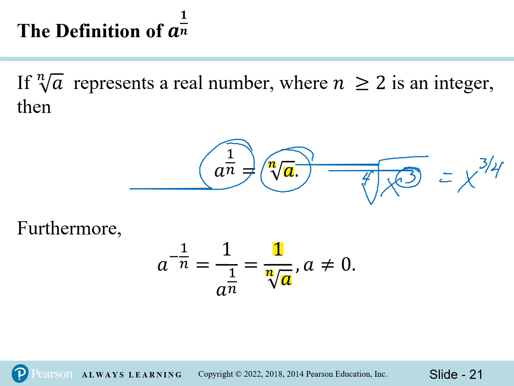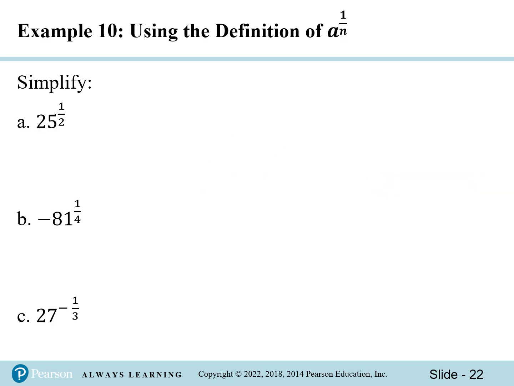This number goes on top of the fraction and the index goes on the bottom of the fraction. Any exponent rules that we've talked about for exponents can be applied with these exponents, even though they are fractions, doesn't matter. Same exponent rules apply.